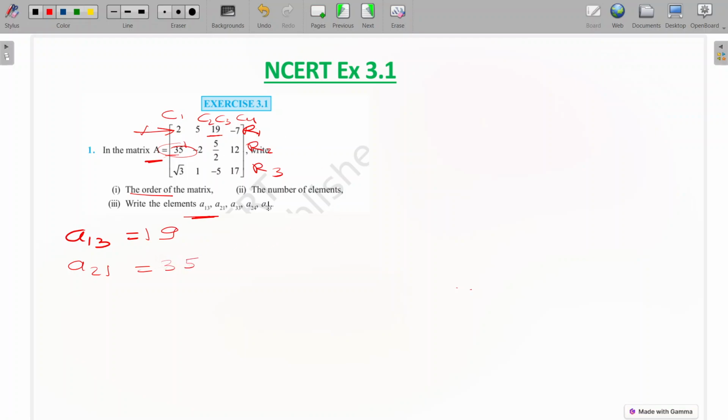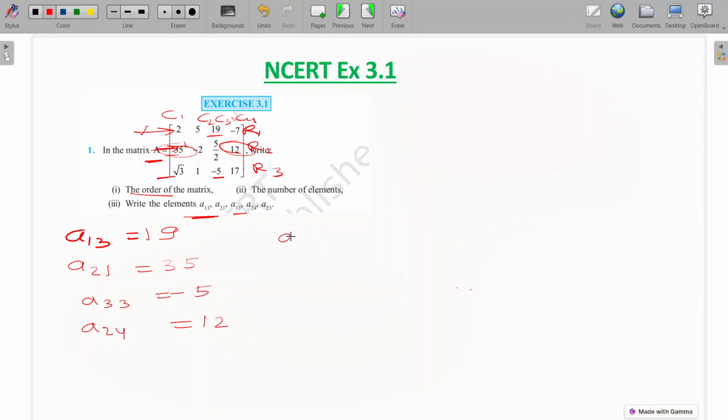Now it is asking for a33. It's the third row, third column. So a33 will be -5. Now again it's asking for a24. a24 is the second row, fourth column. In the fourth column, the second row, this element. So a24 is 12.